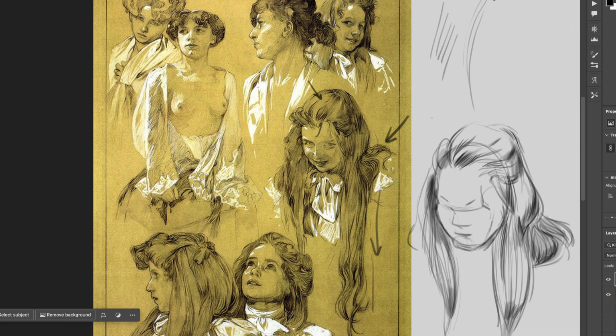I want these hairs to feel like there's a relationship between those hairs, so it becomes one group, right? If you have them all haphazard like that, it's not going to work.